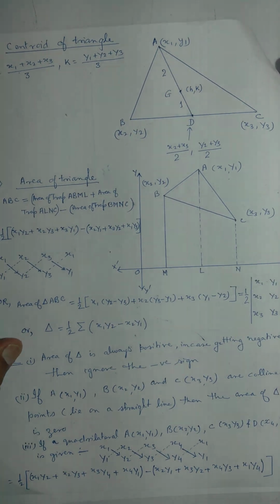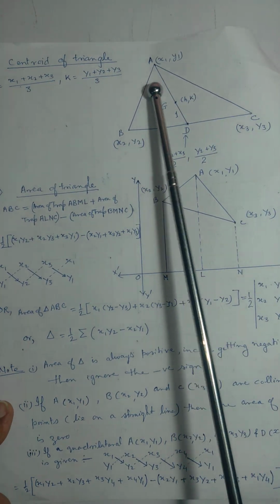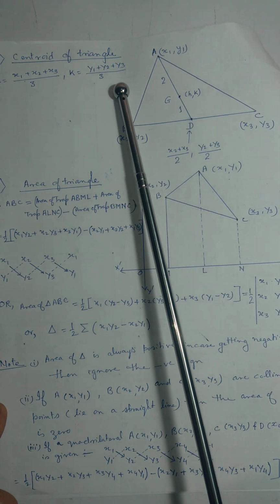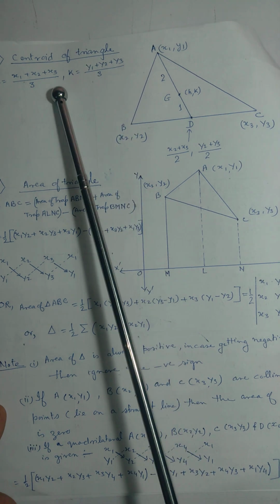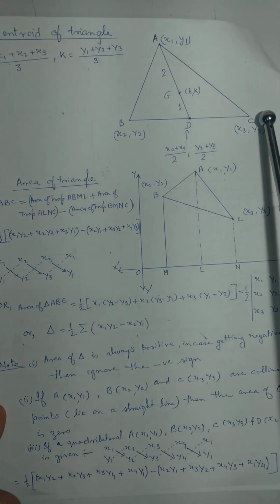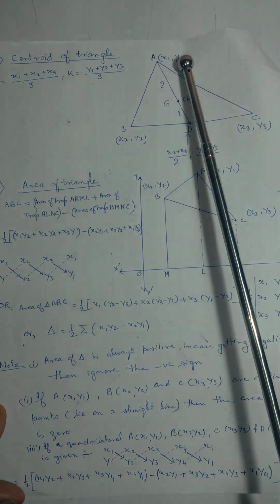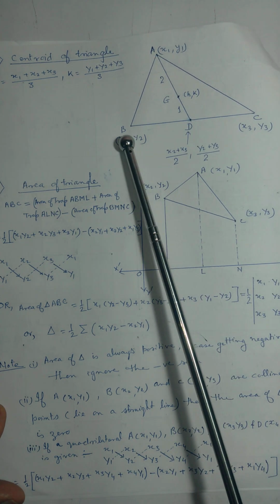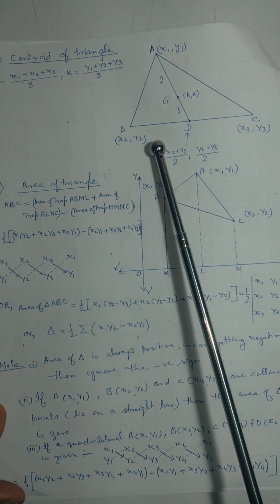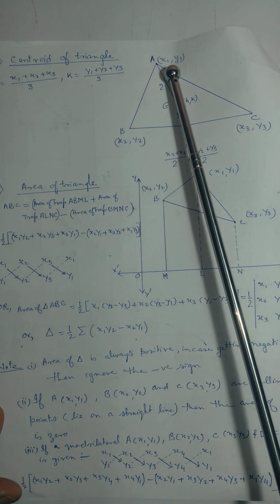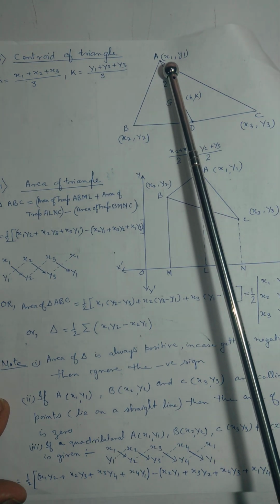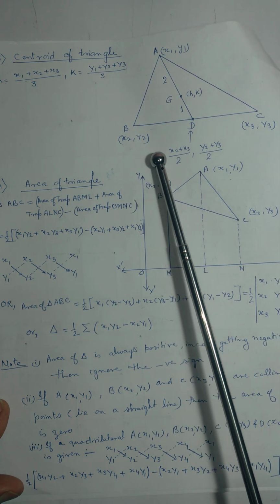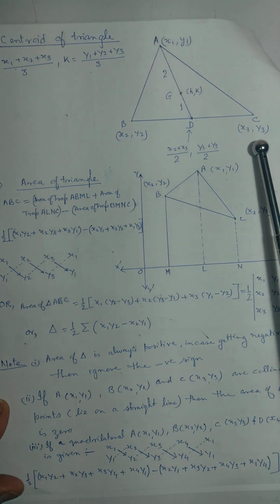Now, if the vertices of the triangle are given, we have to find the centroid of the triangle. You see, ABC is a triangle where AD is the median, meaning D is the midpoint of B and C. So first of all, the coordinate of the vertex A is x1, y1, B is x2, y2, C is x3, y3.